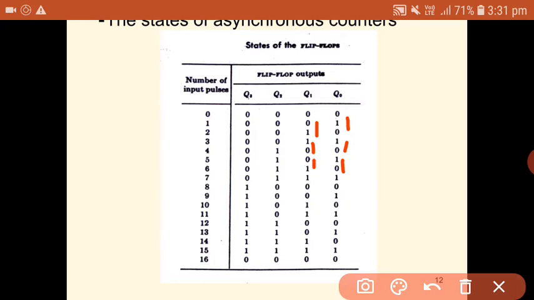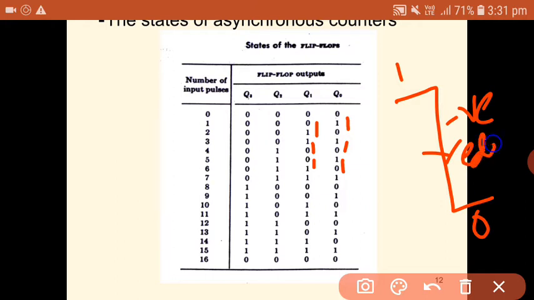Likewise, whenever the Q0 output is changing its state from logic 1 to logic 0, that is nothing but a negative edge triggering clock. So whenever Q0 is changing its state from 1 to 0, then only the second flip-flop, that is FF1, will be toggled.